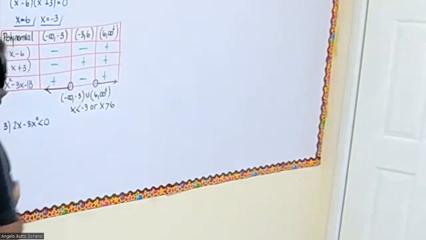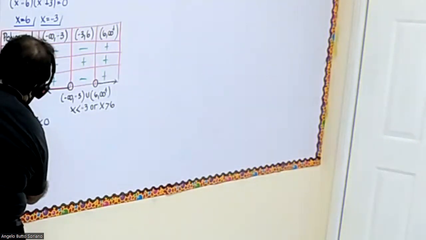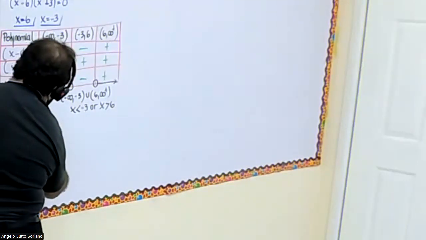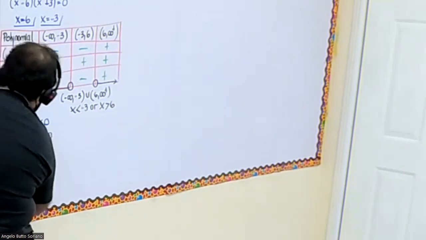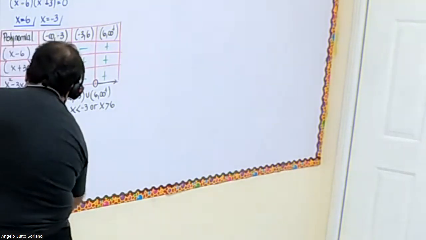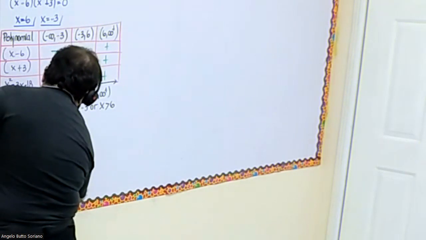If you want to transform this expression into an equation, I'm going to take the common factor, x. We got x times 2 minus 3x equal to 0. And we got two solutions. The first one, x equals 0. And another one will be x equals 2/3.